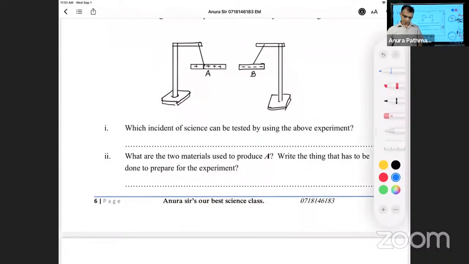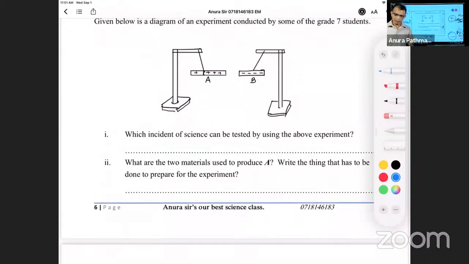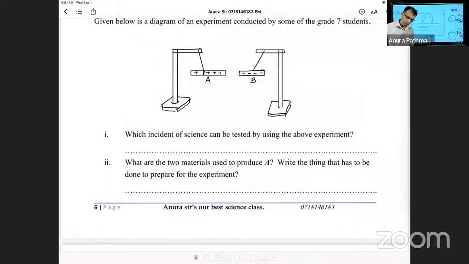Static electric charges of rubbed objects.